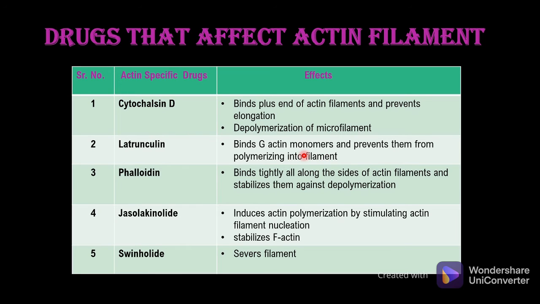That is, it prevents formation of filaments. Phalloidin binds tightly all along the sides of actin filaments and stabilizes them against depolymerization. This means it is preventing depolymerization, while the previous one is preventing polymerization. So this way you have to remember which drug has what effect.